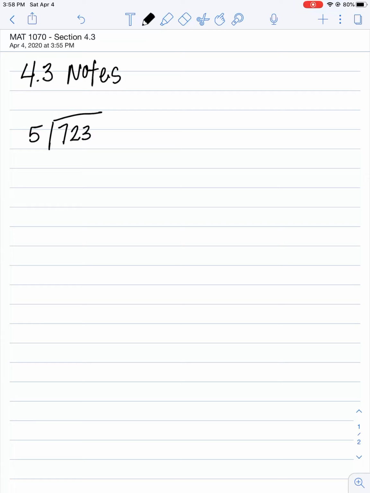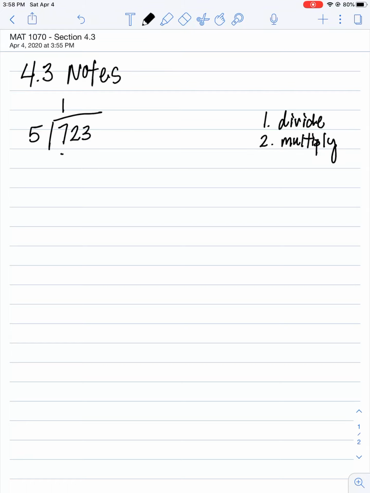So if we were to divide the problem that I've written on the screen, 723 divided by 5. The first step, if you remember, dividing by hand, get rid of your calculator, is to simply divide. We take 5 and divide into 7, and 5 divides into 7 one time.